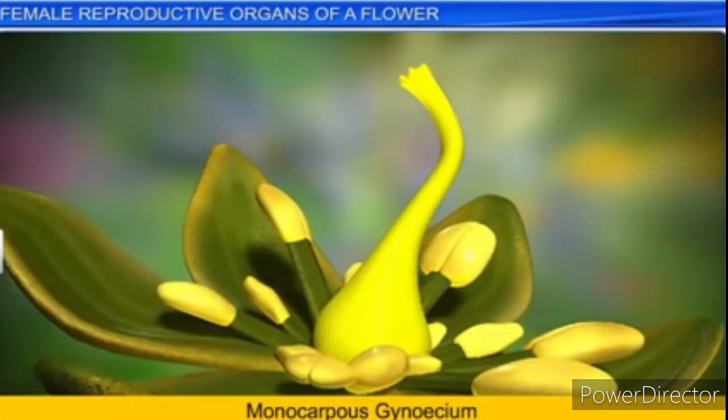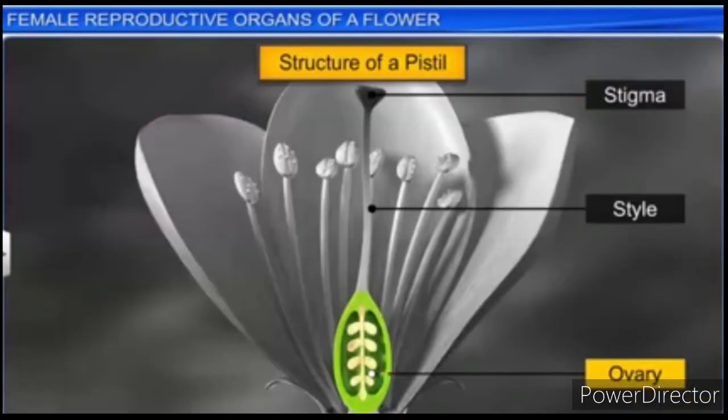Each carpel has 3 parts. What are the 3 parts? First one is the stigma region, the tip region, which serves as a landing platform for the pollen grains. Connected with it is a long, elongated, slender tube-like structure, the style.